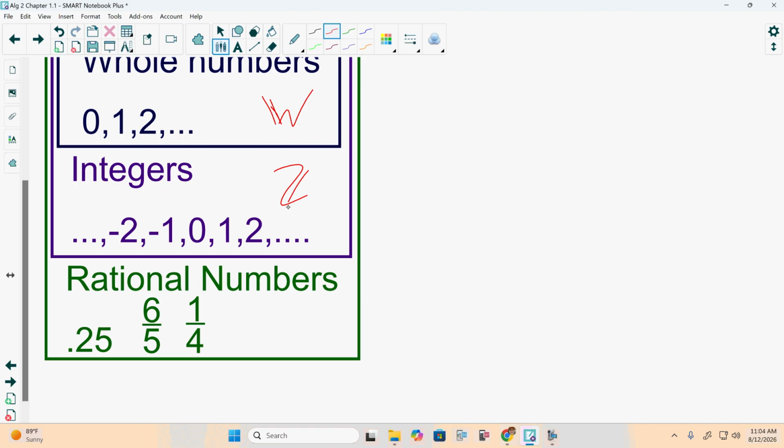First four letters of rational do spell what? Ratio. Ratio, part to part. A fraction. Anything we can write as a fraction is going to be a rational number. Natural numbers and integers are rational numbers.